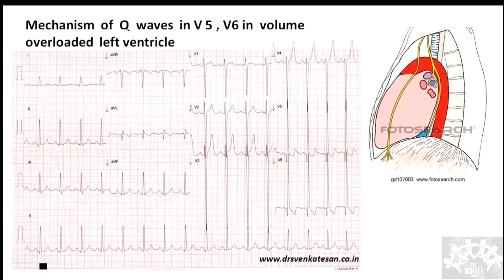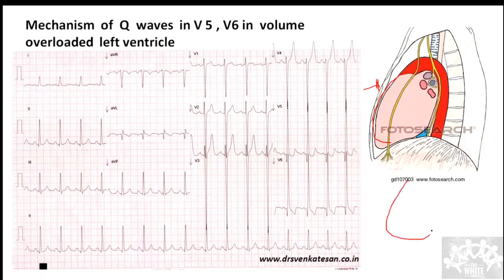Let's say there is dilation of this ventricle. It is going to come near the chest wall, and let's say I place a lead here. This lead is going to check the potential.